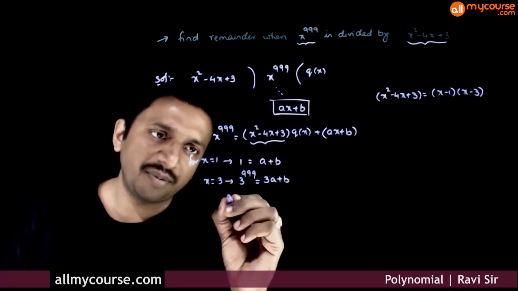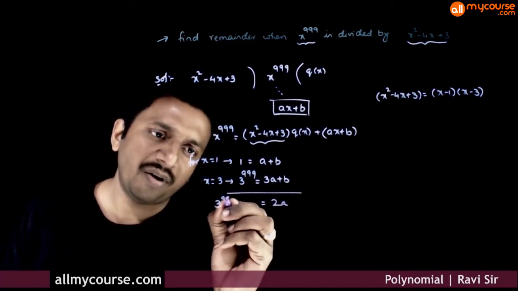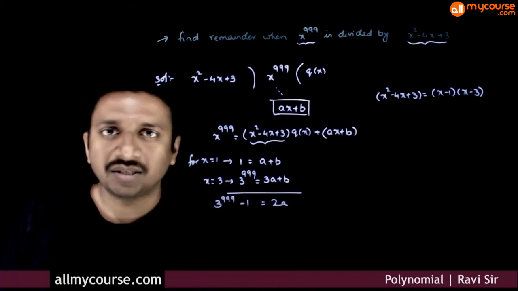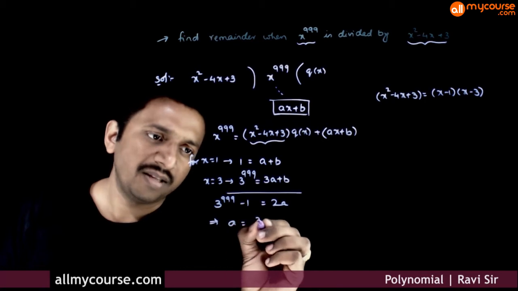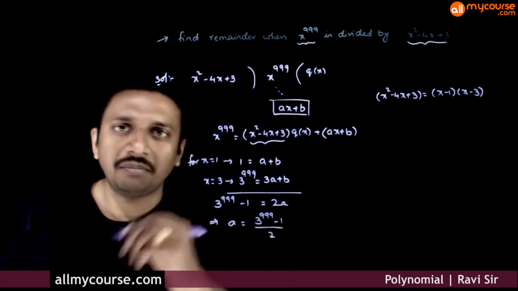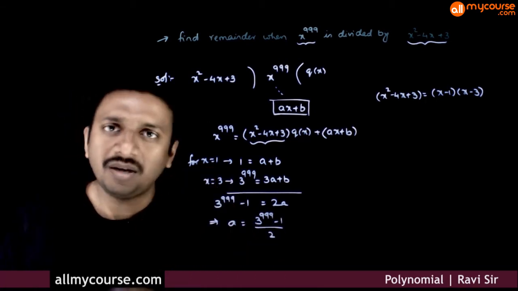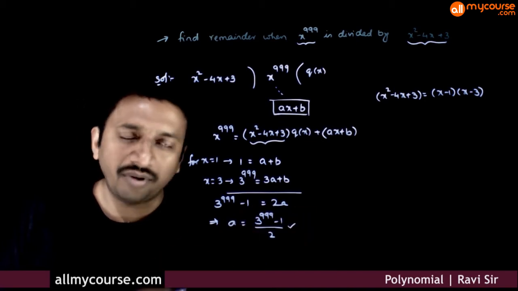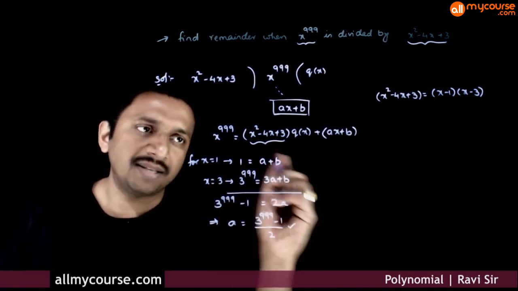So subtract one from the other. So 2a is equal to 3 power 999 minus 1. This implies a is equal to (3 power 999 minus 1) by 2. So you get the value of a. So what is the value of b? b is equal to 1 minus a.